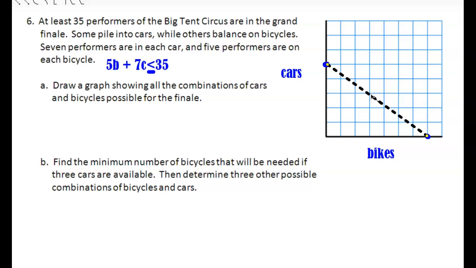I know this one here looks pretty close, but if you think about 3 bikes, that would give me 15 performers, and 2 cars would give me 14. So 15 and 14, right?